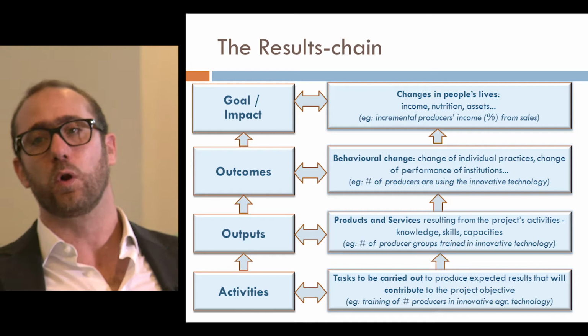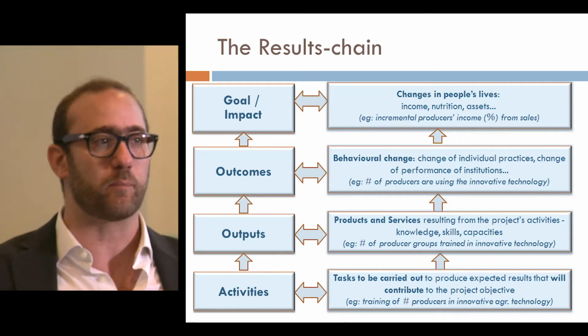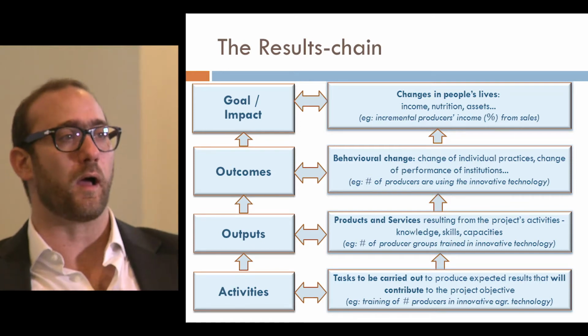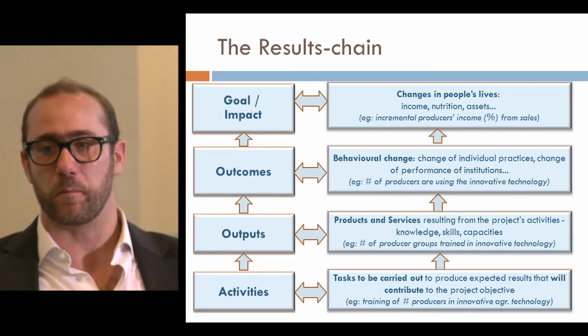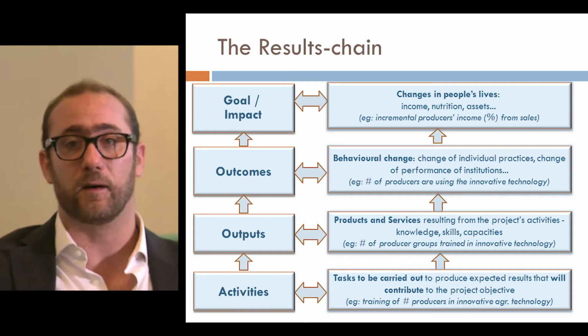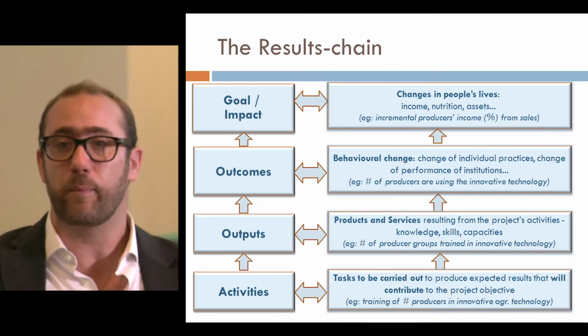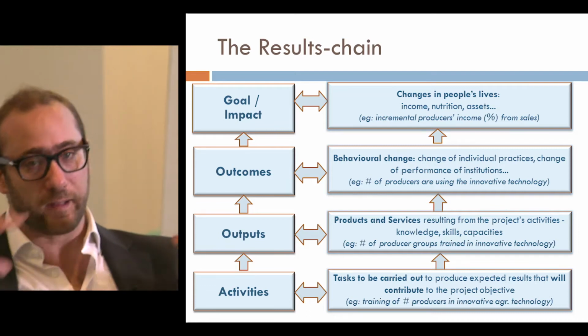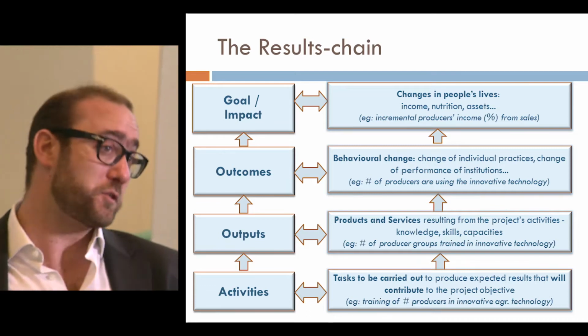And when we talk about goal or impact, we talk about the change in people's lives, which means increased nutrition, increased quality of the air, if we are in the context of environment, or increased carbon sinking, depending really on the objective, on the result structure in which we want to work in the scope. So that is something I think we were all familiar with.